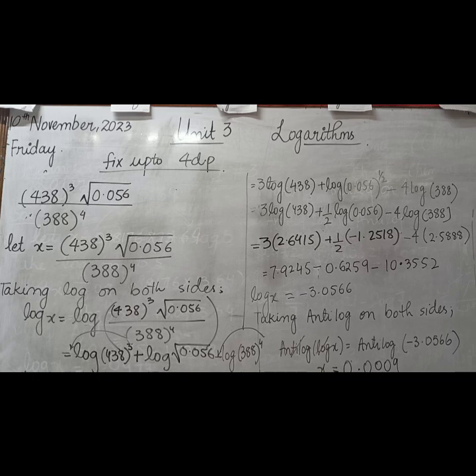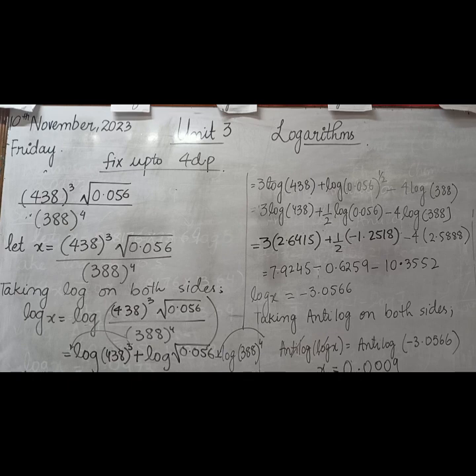You can see that the calculator is fixed up to 4 decimal places and I am getting all the answers up to 4 decimal places. Okay, so this is the right way to solve the questions involving the logarithms. In this question, we have to find out the value of this expression and this expression contains some powers and some radical signs, also a denominator with some power.